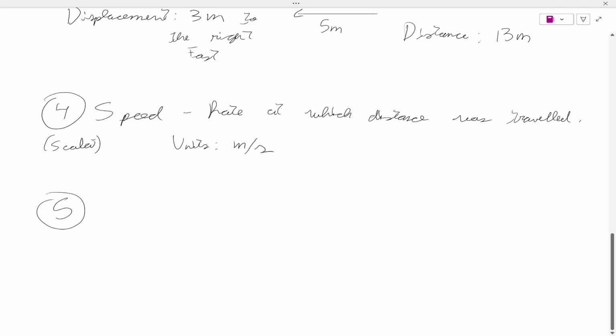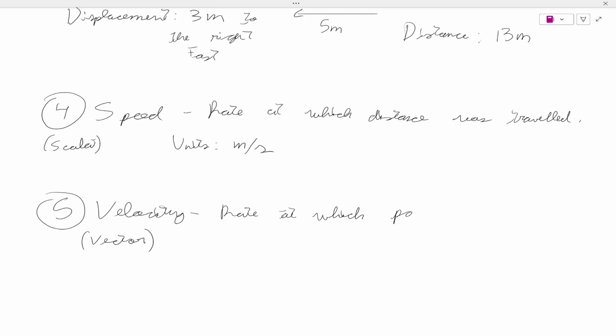Now, velocity. This is the vector version. The rate at which position changed. So you'll start noticing a pattern that every scalar goes with other scalars and the vectors go with vectors.